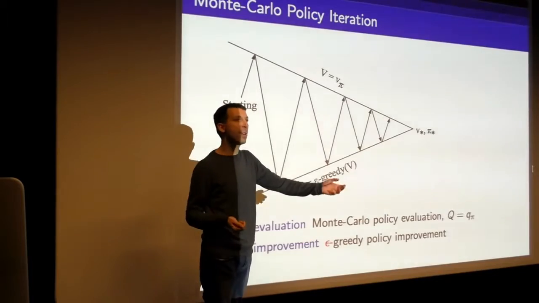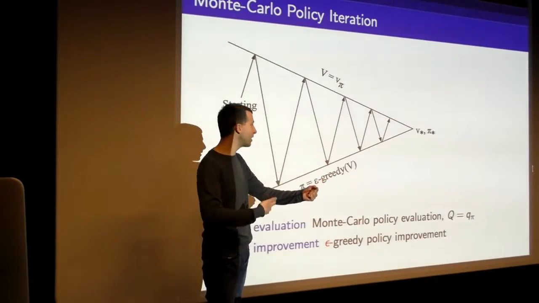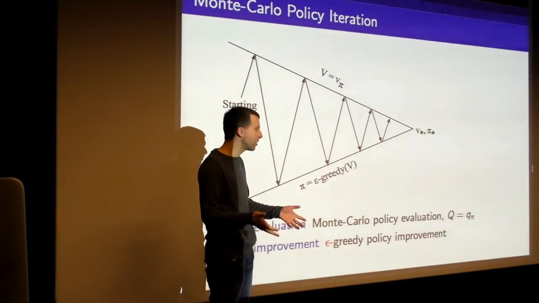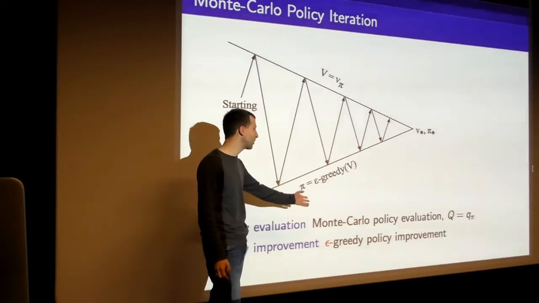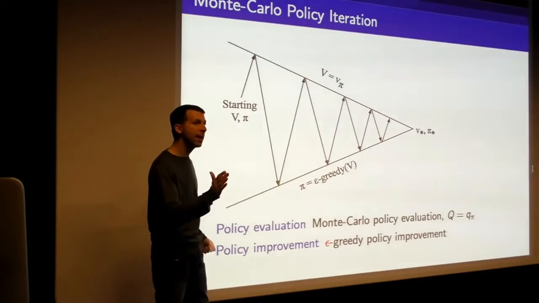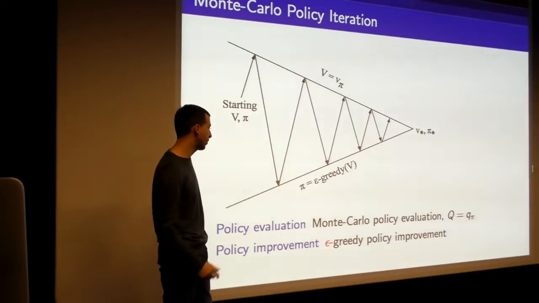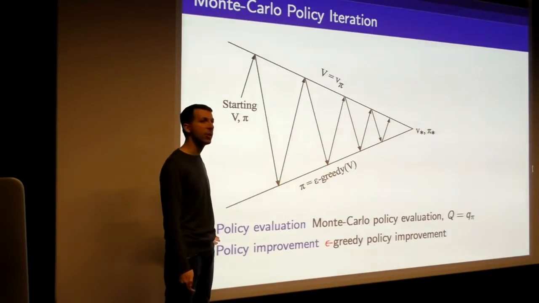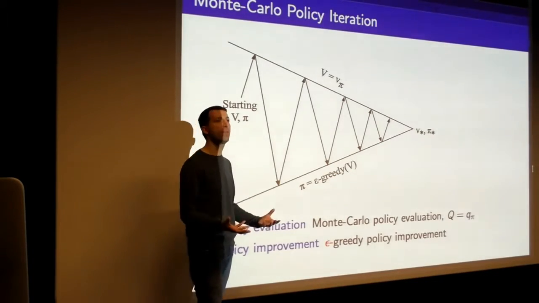We estimate the value of all actions from all states, just from what we've seen. For every state action pair, we look at the mean return we've seen. That's our evaluation procedure. As someone's pointed out, that might be a little bit inefficient, and we'll see how to improve that shortly.